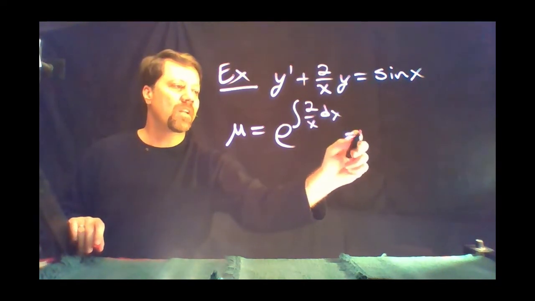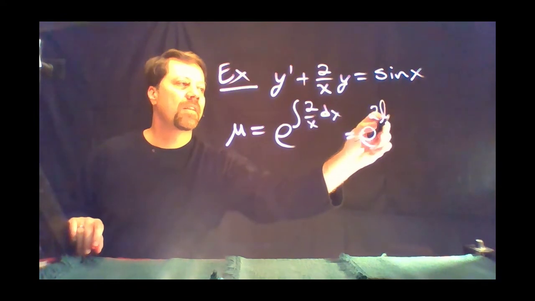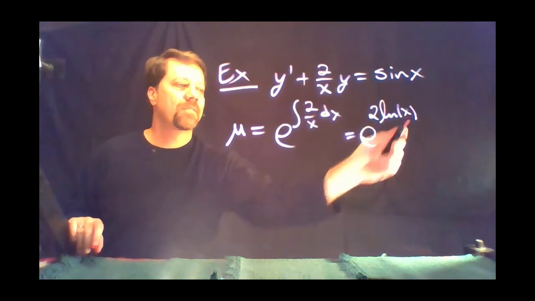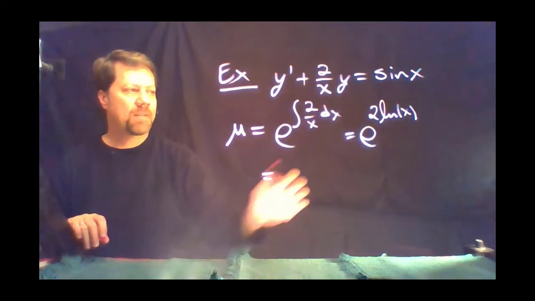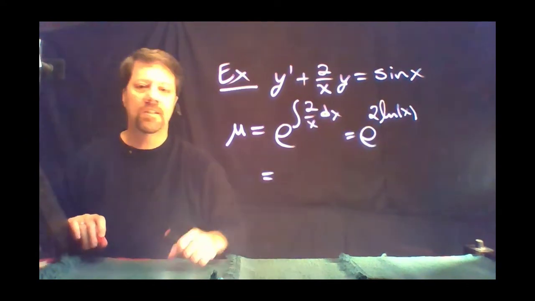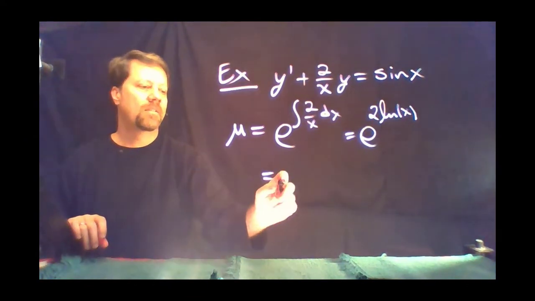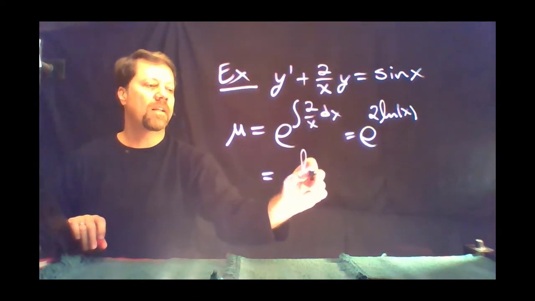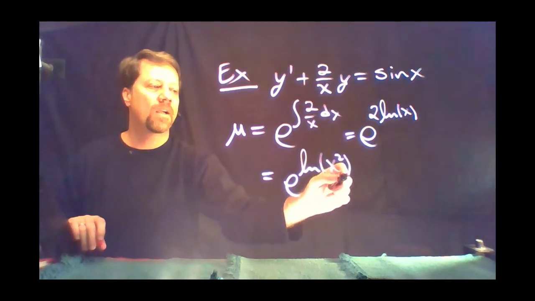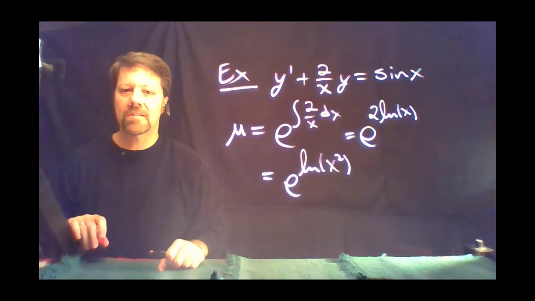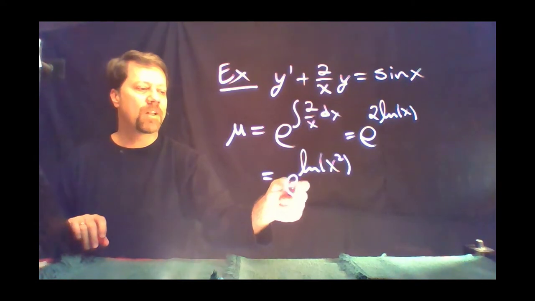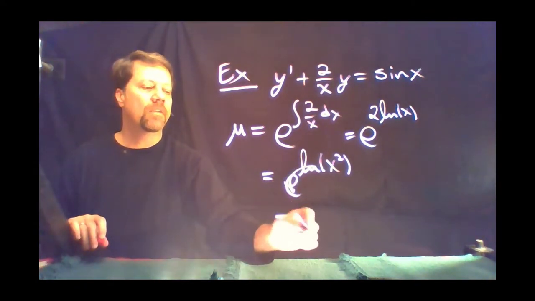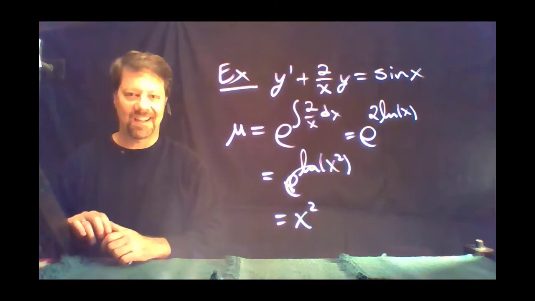This is going to be e to the 2 times the natural log of x, which can be simplified by raising this 2 into this position, ln of x squared, using one of the properties of logs. And then because the exponential function and the log are inverse functions to each other, the integrating factor is x squared.